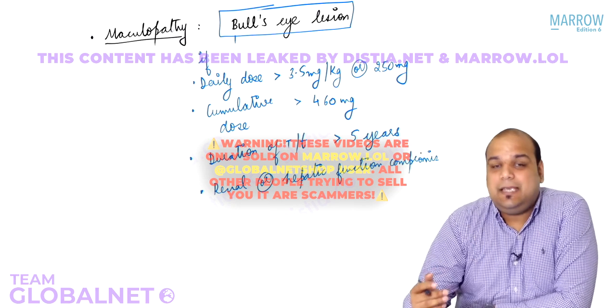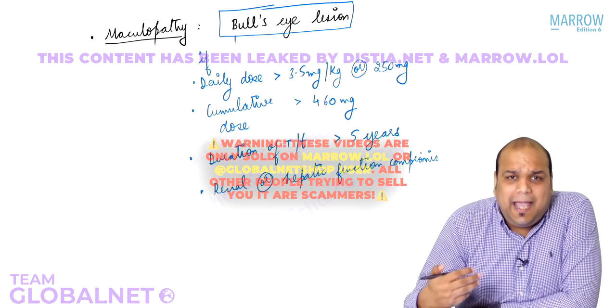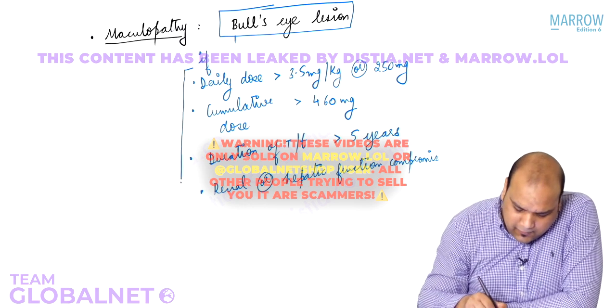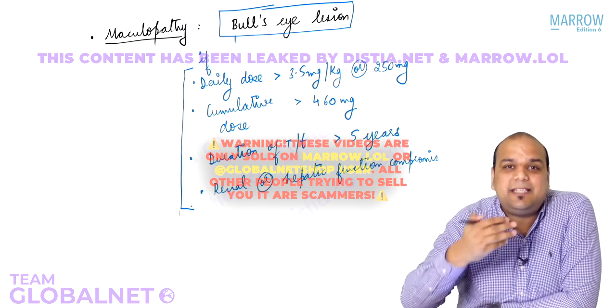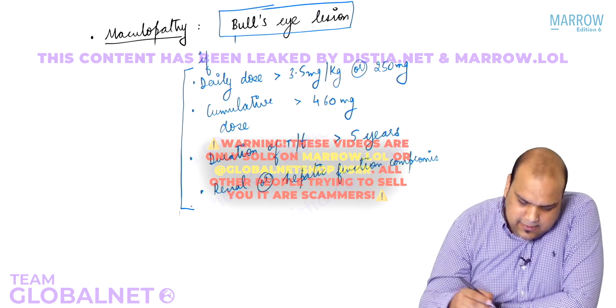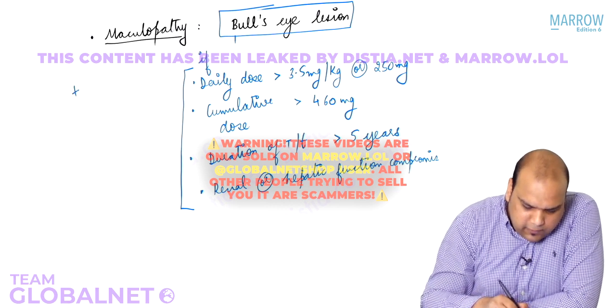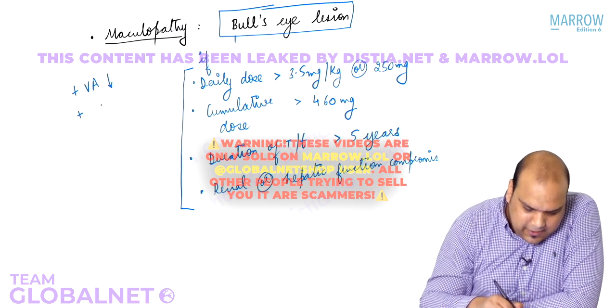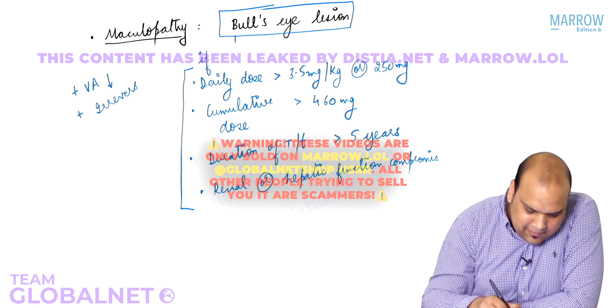In any of these cases, chloroquine can develop the bullseye lesion. Please remember these risk factors for development of bullseye lesion in a chloroquine case. Apart from bullseye, visual acuity is low.